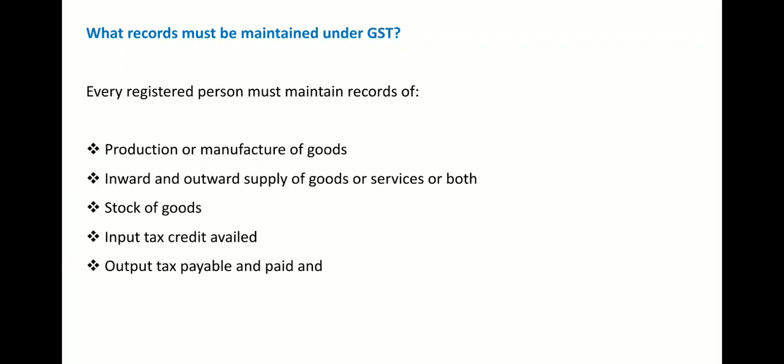And then output tax payable and paid. Whatever output tax is paid or payable, that has to be recorded, and the information regarding it is to be maintained. And next, other particulars as may be prescribed: whatever information is prescribed under any amendment acts of GST, they need to keep a record of all those transactions in the books of accounts.